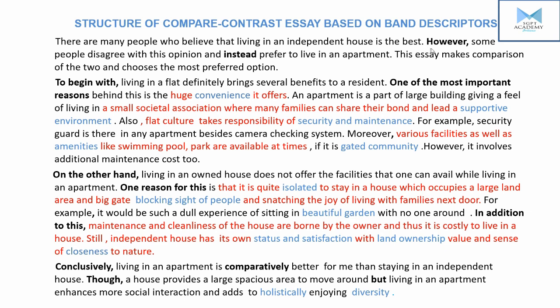The two words highlighted, however and instead, show grammatical range. And there is no thesis statement, that is, you have to go by the question, that is, you have to compare and contrast both the ideas.